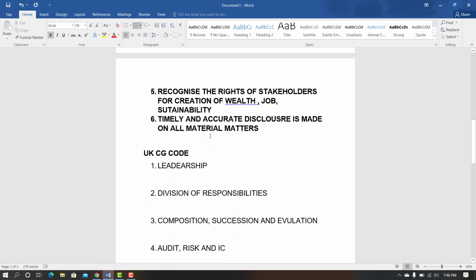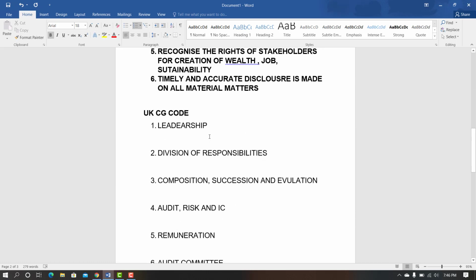So let's move to the UK Corporate Governance Code. The purpose of corporate governance is to facilitate effective, entrepreneurial and prudent management that can deliver long-term success of the company. So it looks at long-term success of the company.